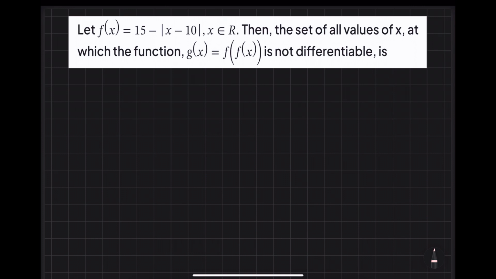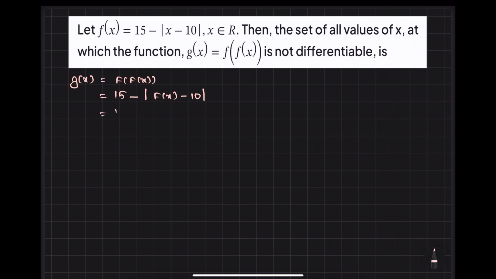So first we have to find out who is g of x. G of x is f of f of x. Now look at this. We have to replace x with f of x in the function f of x. So it is 15 minus mod f of x minus 10.